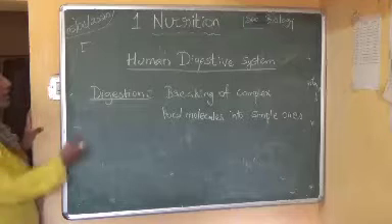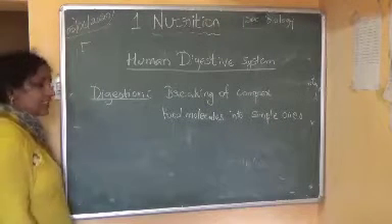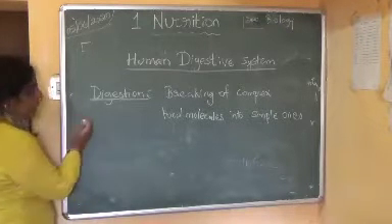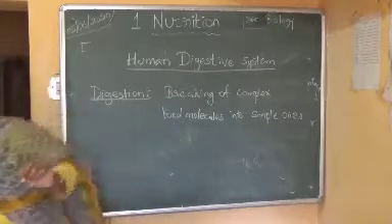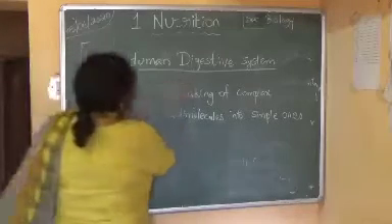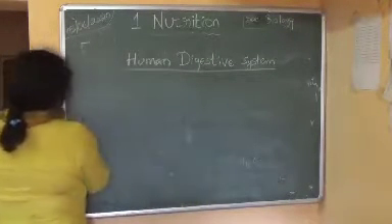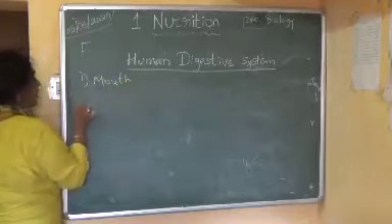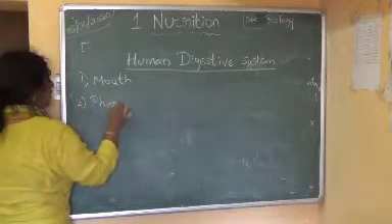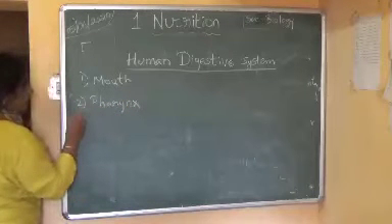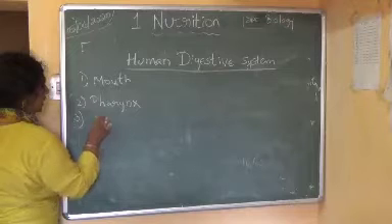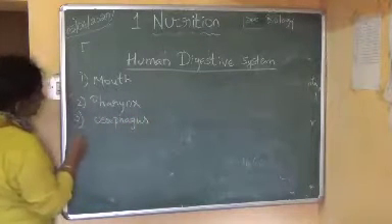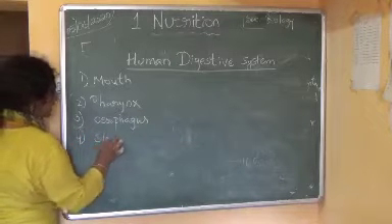Now coming to the human digestive system, there are several parts involved. So I will write down the parts. First one, mouth. Pharynx. Next, esophagus. Stomach.